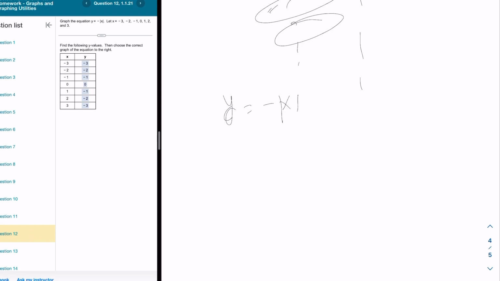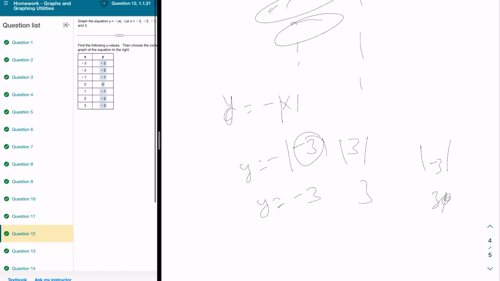So even if you plug minus 3 into the absolute value, it will always give 3. So now minus, and it will come 3, so minus 3. Even if you put 3, it will come 3. If you plug minus 3, it will come 3. Got it? That's it. There is nothing different about absolute value. The only thing is that any number that comes out of the absolute value will be positive. That's it. And everything else is the same.